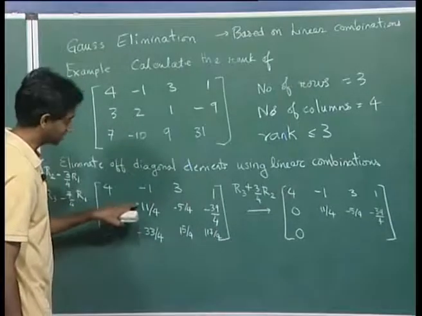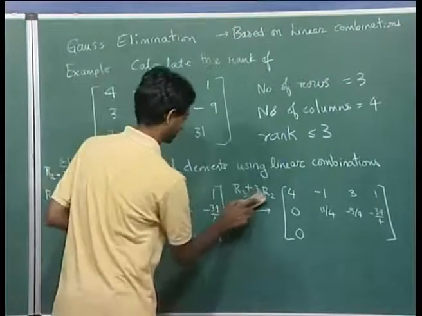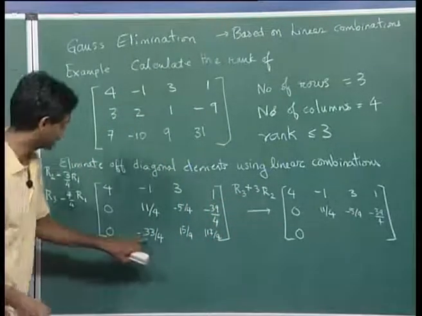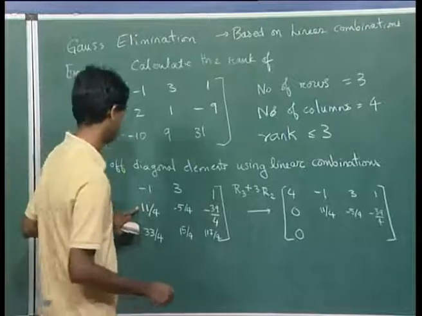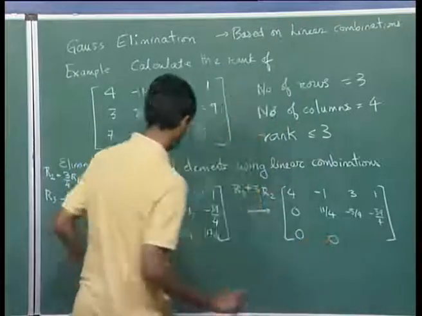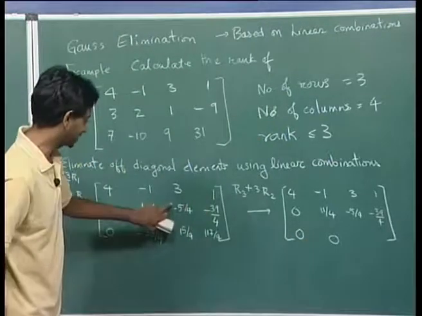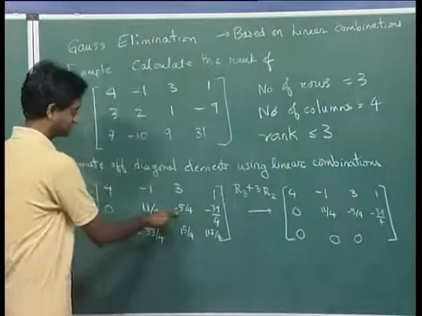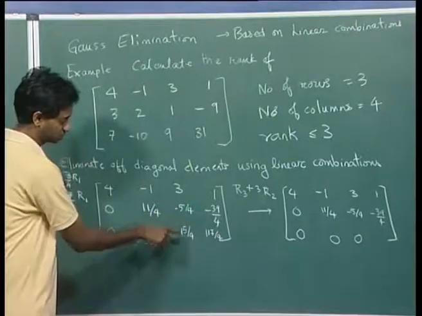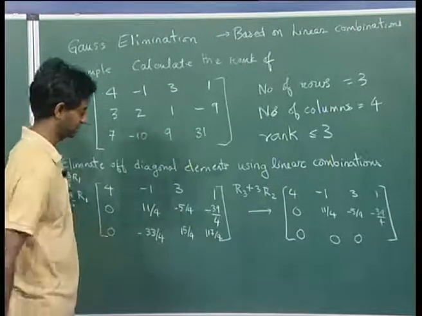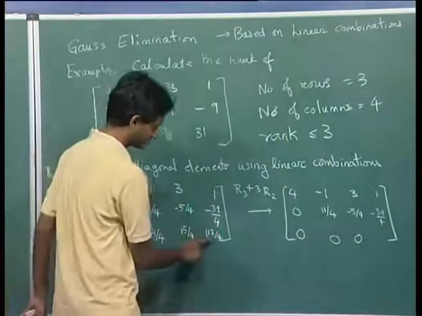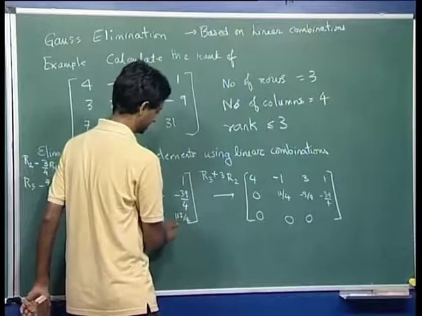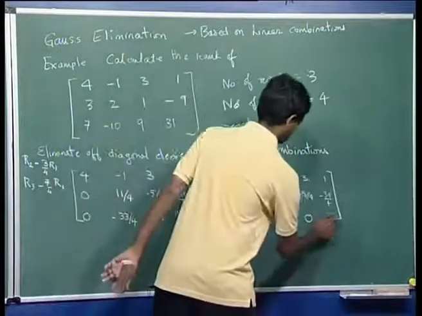If I add 3 times this element, not 3/4, then I will get minus 33 plus 33 by 4, so that is 0. Here if I add 3 times this, I will get again 0: 3 times 5 by 4 is 15 by 4, so 15 by 4 minus 15 by 4, I get 0. And again 3 times 39 is exactly 117, so again I will get 0.